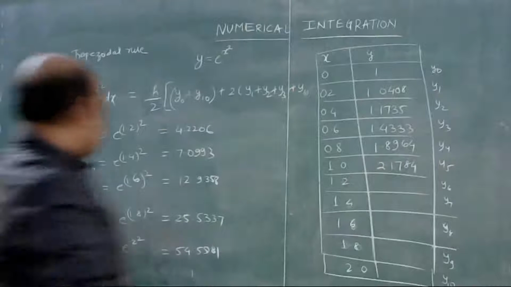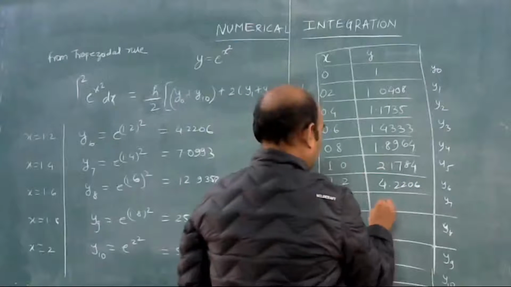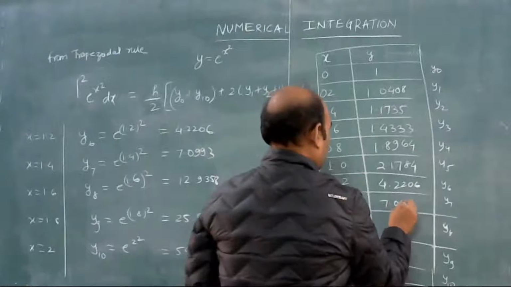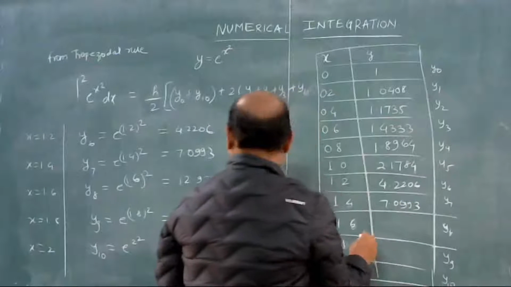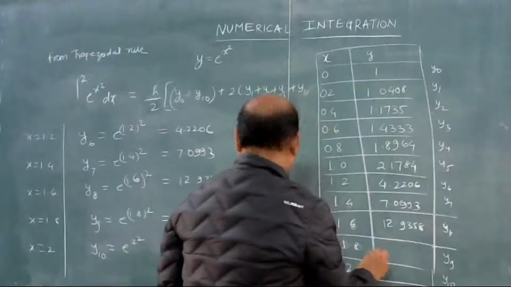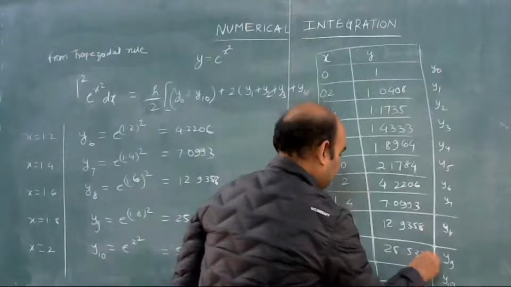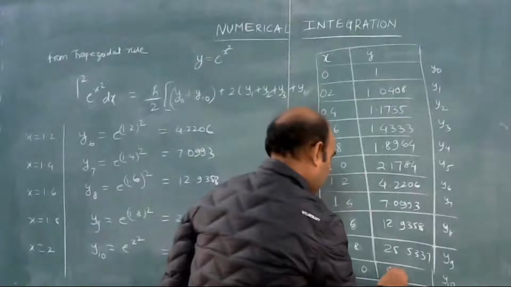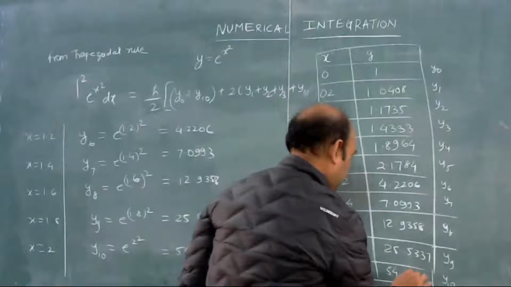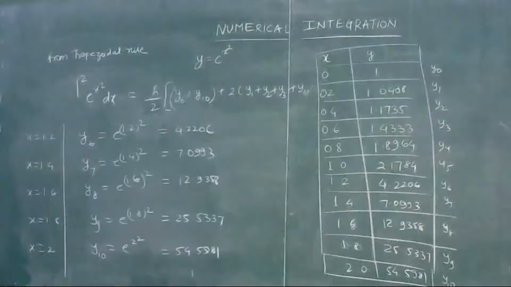Substitute these values here. So 4.4206, 7.0933, 12.9358, 25.37, and 54.59. So you have to prepare this table by using this equation.